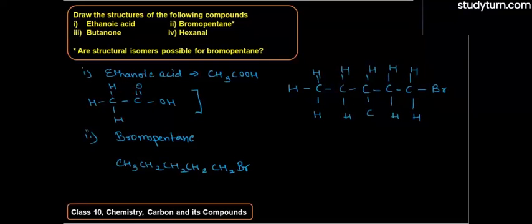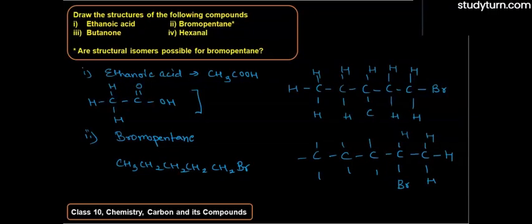And then let us draw the structure of another isomer of the bromopentane, that will be with 5 carbon atoms. Bromine is attached on the other carbon atom and all with the hydrogen atoms. Okay, so this will be the structure for second isomer of the bromopentane.